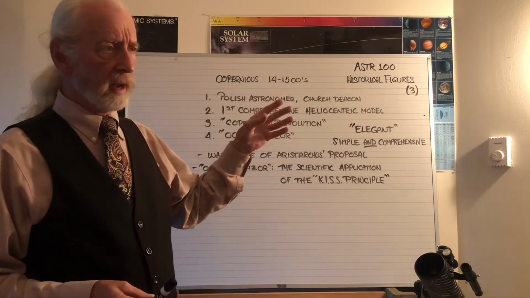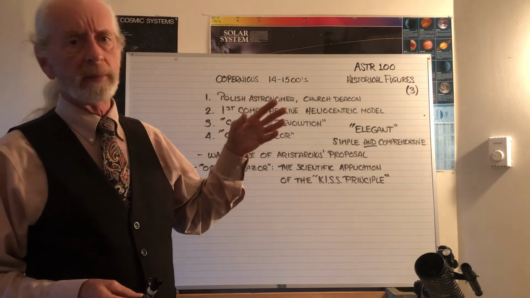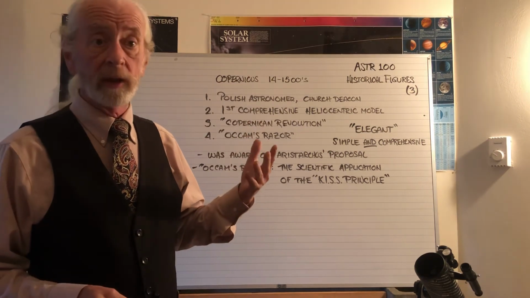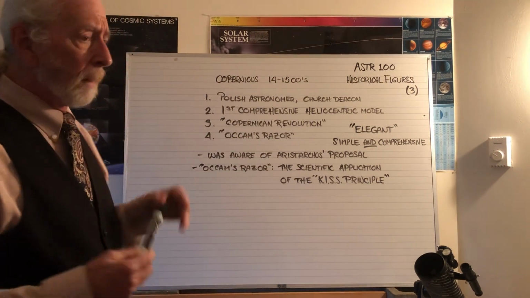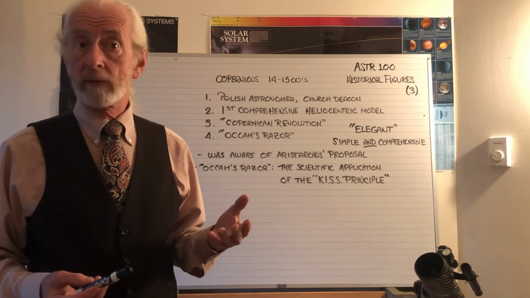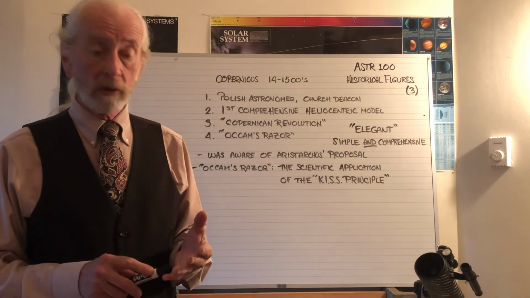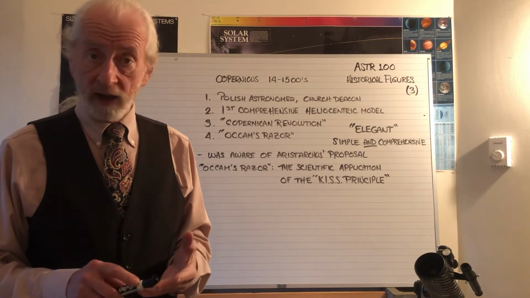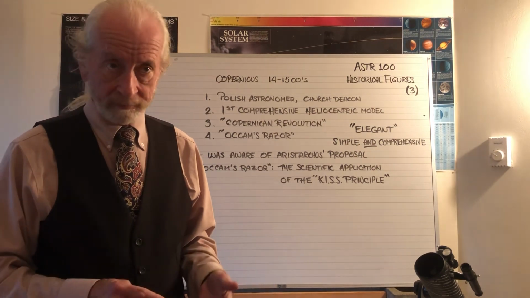But we're at a time when 99% of the people in Europe are illiterate. So who preserves all this culture during this time? Well, that would be the church. The church preserved the works of Plato and Socrates and Aristotle and Euclid and so on.